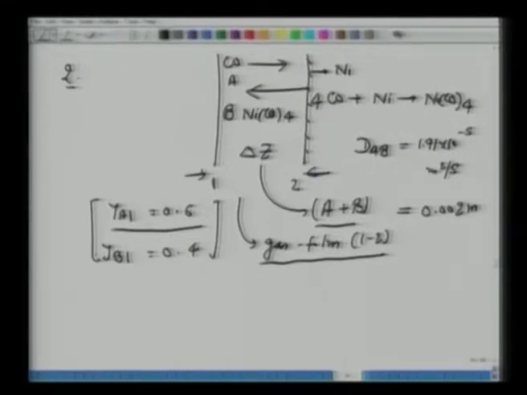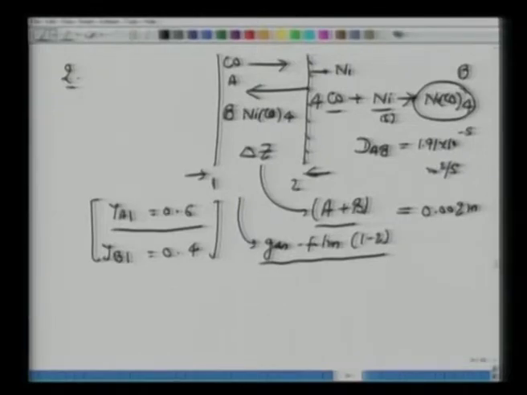Now if you notice, A diffuses in this direction and B diffuses in the reverse direction. If you go by the stoichiometry, 4 molecules of carbon monoxide react with 1 nickel at the surface to give back this product B in the stoichiometric ratio of 4:1.